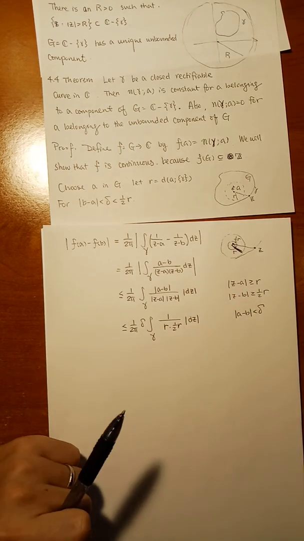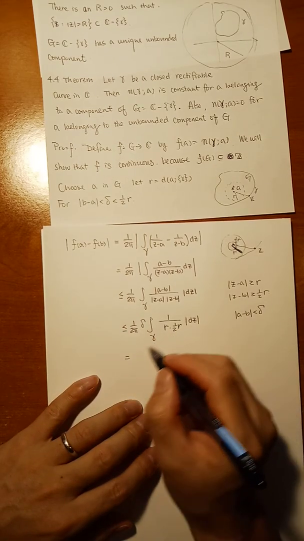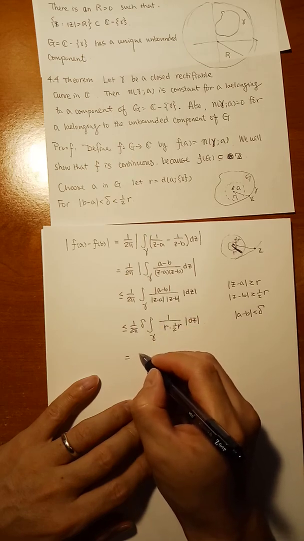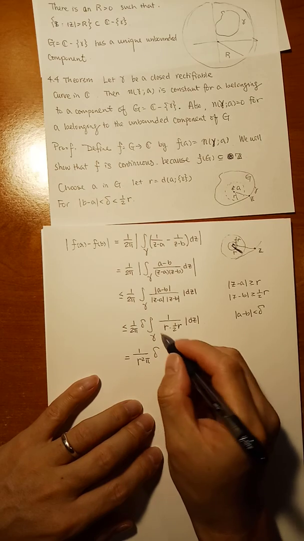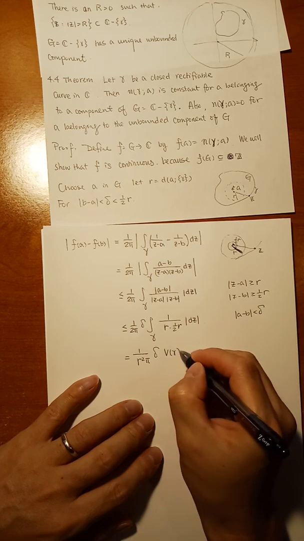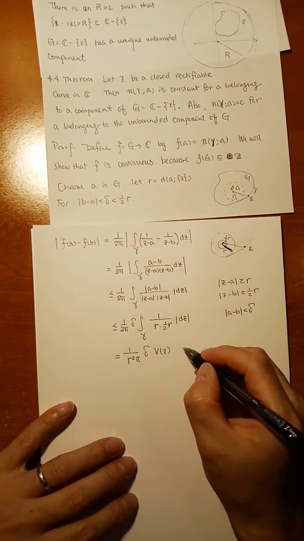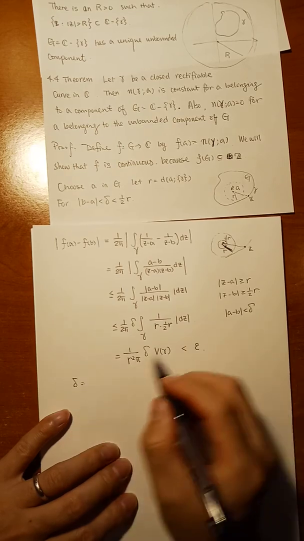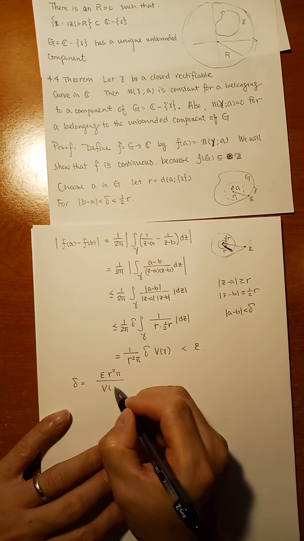You move this forward, you flip this upward, you cancel pi, you get 1 over R squared pi delta, and the integral of |dz| is the total variation of gamma. All right, so if you want this correct, you set it less than epsilon, so you choose delta equal to epsilon R squared pi over the total variation of gamma.